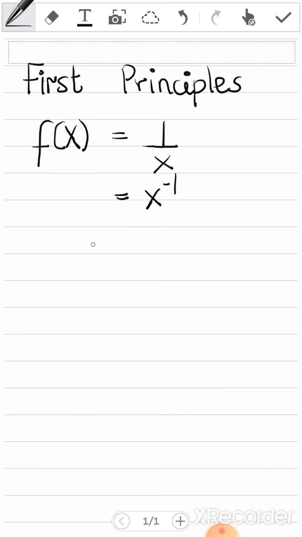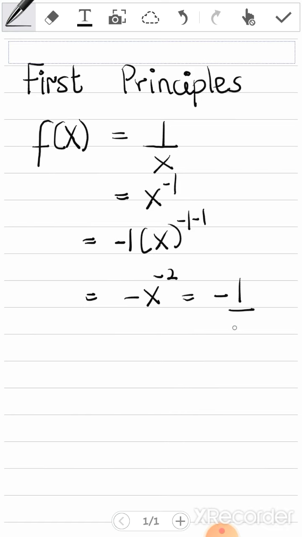What we do is multiply the negative 1 by the whole thing, then subtract 1 from the exponent again. We are going to get negative x to the power negative 2, which is the same as negative 1 over x squared. So this is how we would have solved it.